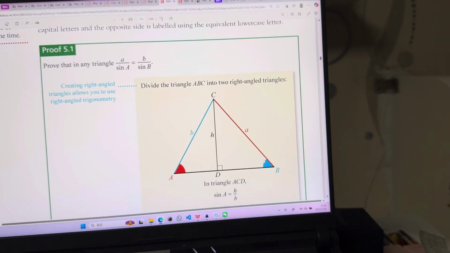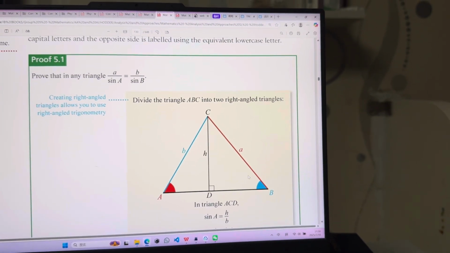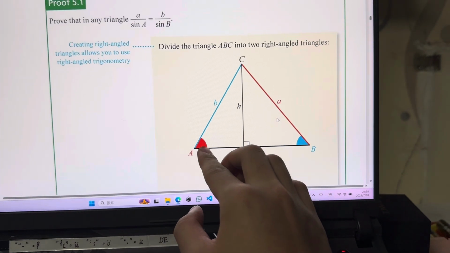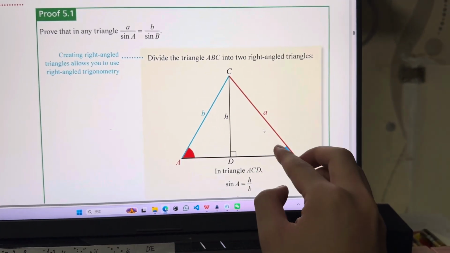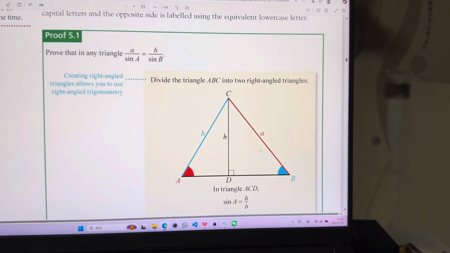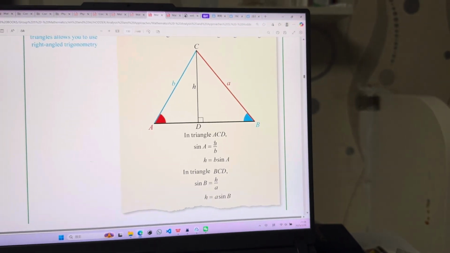So according to the definition, we know that sine A is equal to H over B. Sine B is equal to H over A. So we can get these two formulas. Then we change a little bit.